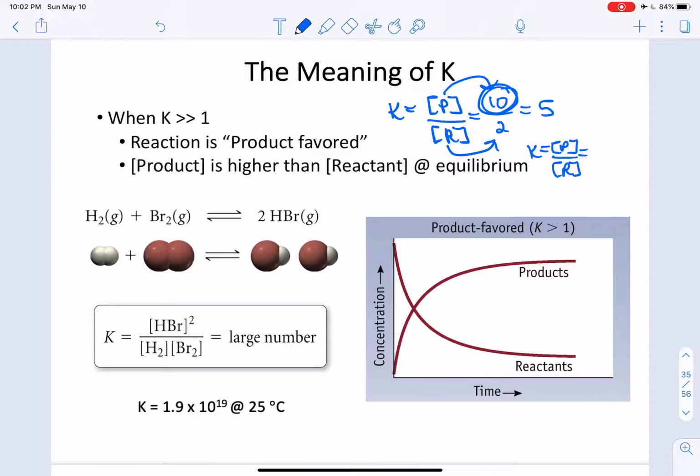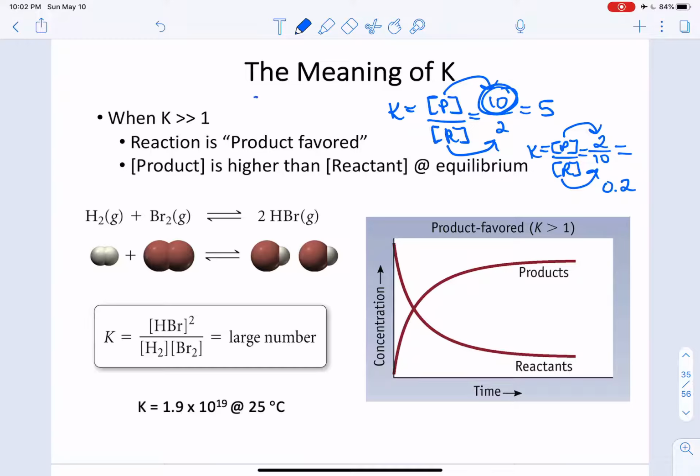So say you had, let's see, 2 over 10. So the concentration of your product is a lot less than the concentration of your reactant. What would your K value be there? So we get 0.2.